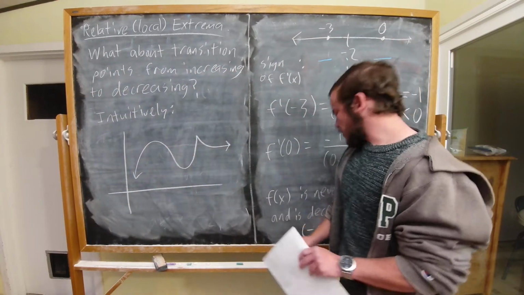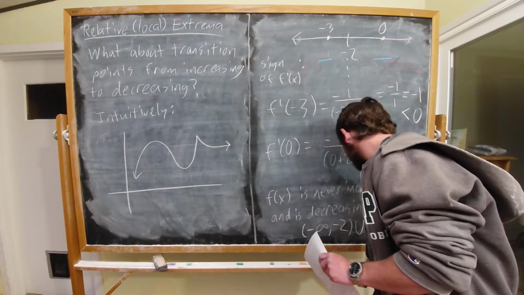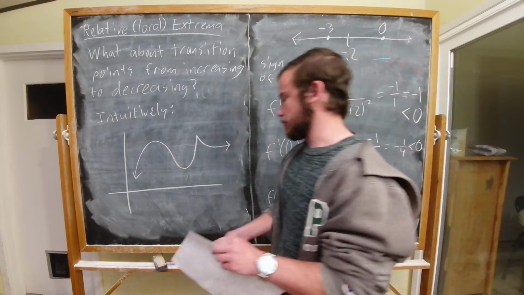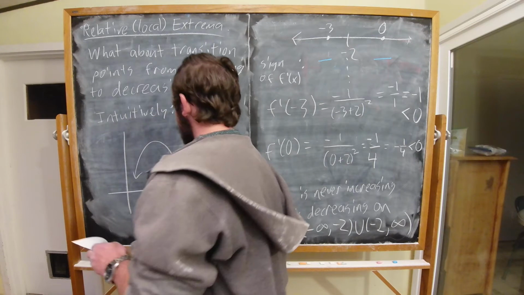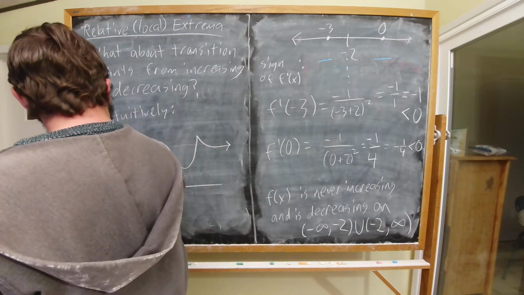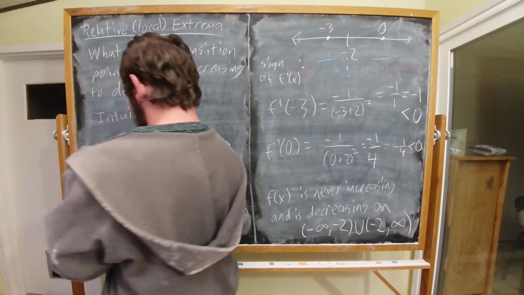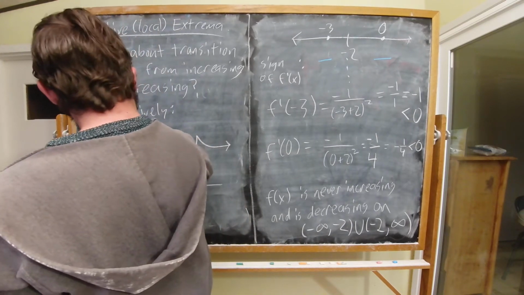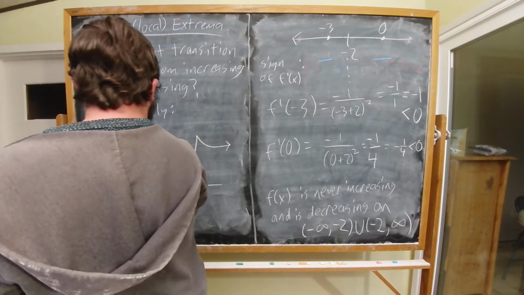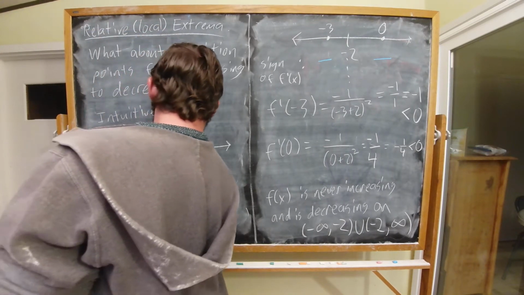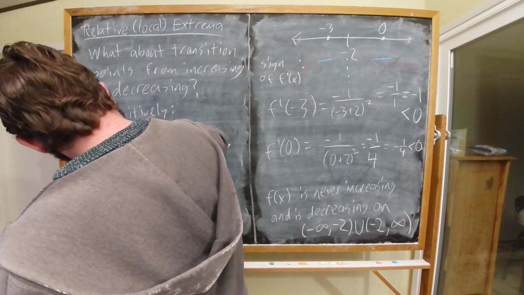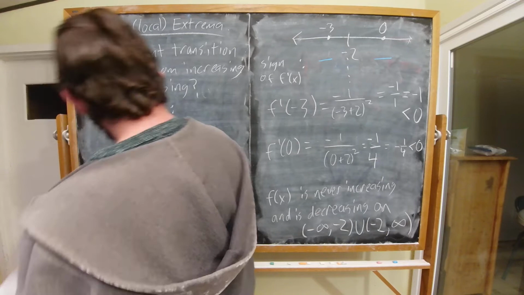Okay, so if we plot out the regions of increasing and decreasing just using the graph of our function, we'd say, oh, it'd be increasing, increasing, increasing, all the way up till right about there. And then it'll be decreasing down to about there.